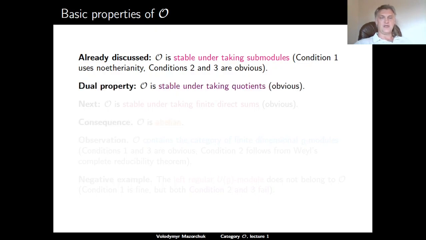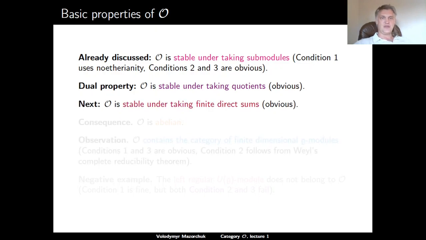The dual property is that O is stable under taking quotients. Here, all conditions obviously follow. Quotients of finitely generated modules are finitely generated. Quotients of h-diagonalizable modules are h-diagonalizable. And quotients of modules on which U(n plus) acts locally finitely are modules on which U(n plus) acts locally finitely.